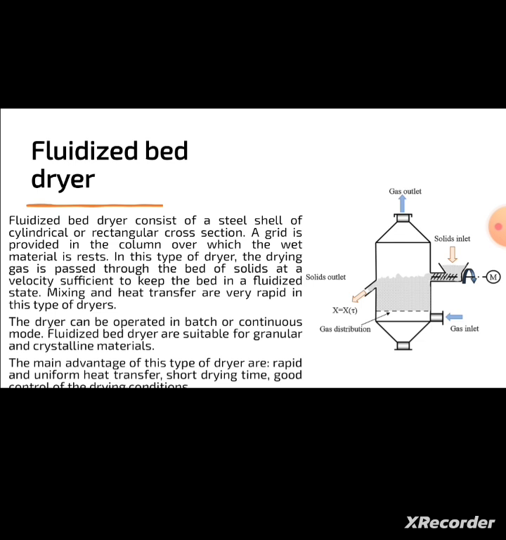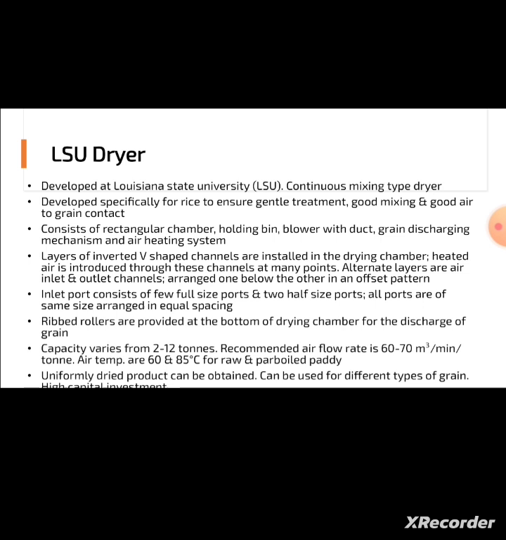So this holds the product in suspension, and the moisture is removed from the product and goes out through the chimney. So this is the fluidized bed dryer. And the LSU dryer is nothing but the Louisiana State University dryer.